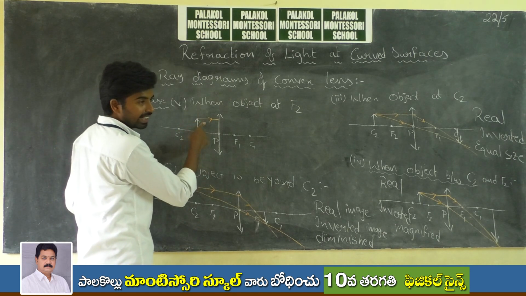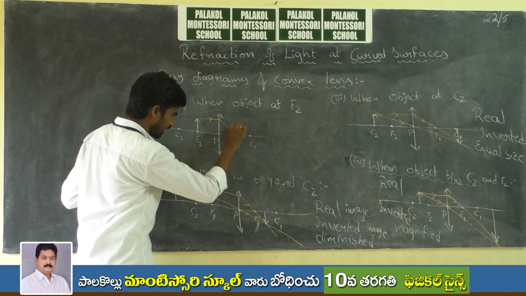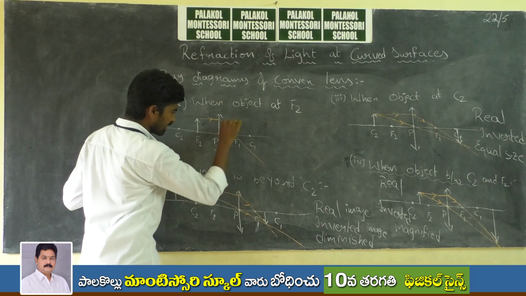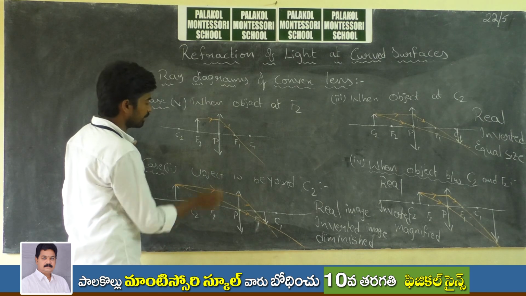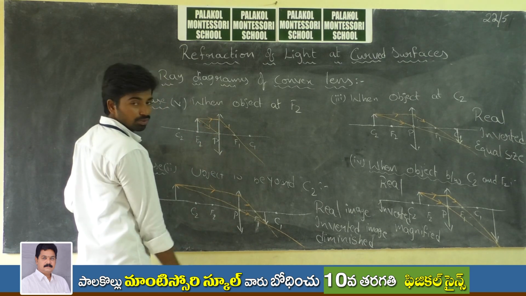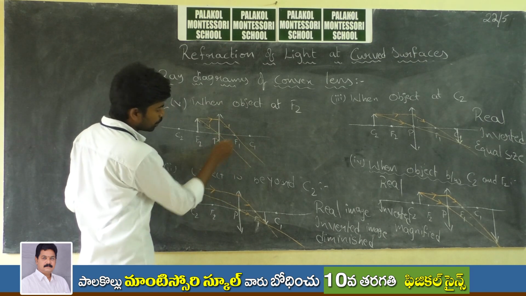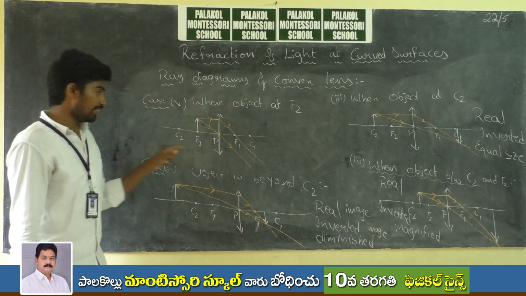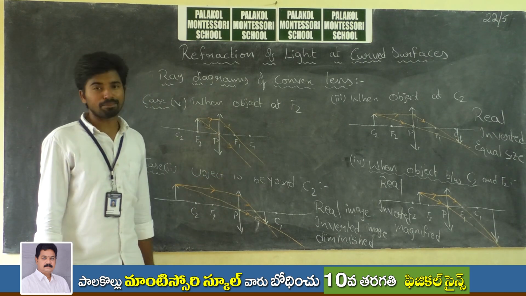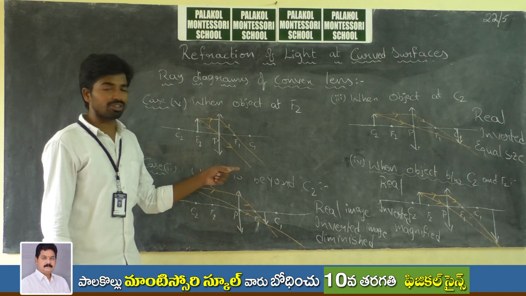The first selected light ray is parallel to the principal axis, and this light ray will be refracted such that it passes through the focus point. And consider another light ray passing through the pole. If you observe these two refracted light rays, they are parallel to each other.